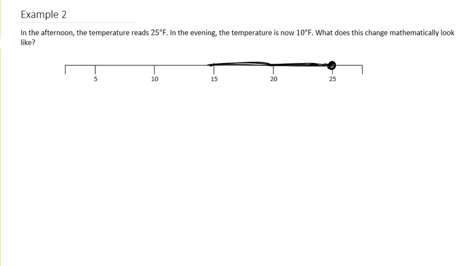Then we go down another 5, so that's 10. And last we do the last 5, which is 15. So we could say that this mathematically looks like -15 as we're going down, because it represents us moving to the left. So let's look at another example.